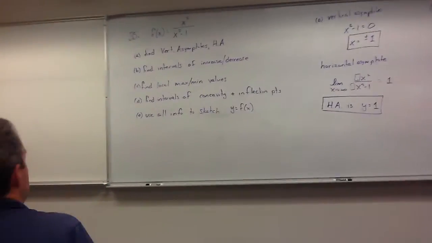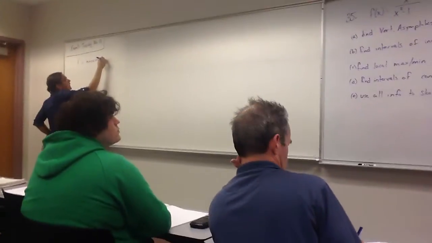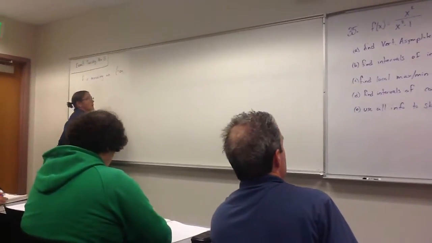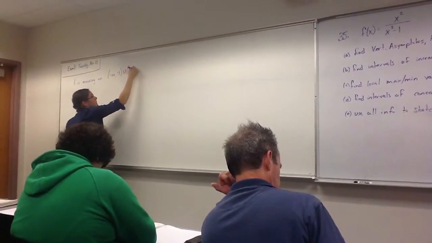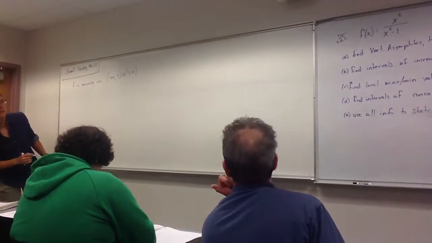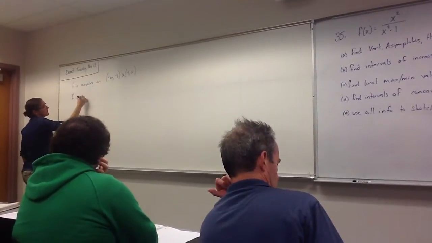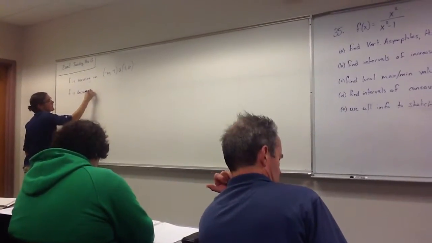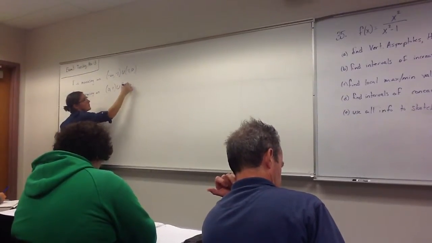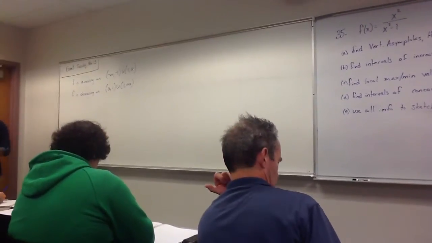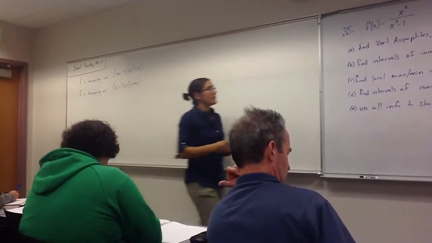And so f is increasing on the interval from -infinity up to -1, and then from -1 up to 0. Is that right? Yeah, okay. And then f is decreasing on the interval from 0 to 1, and then from 1 to infinity. So that takes care of part B.